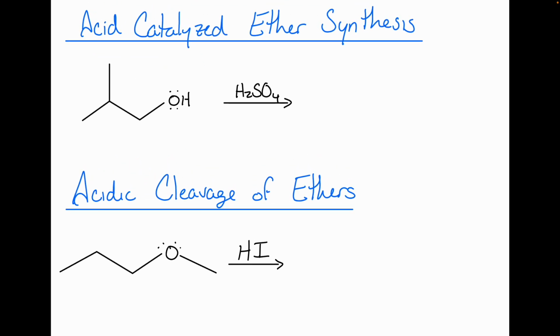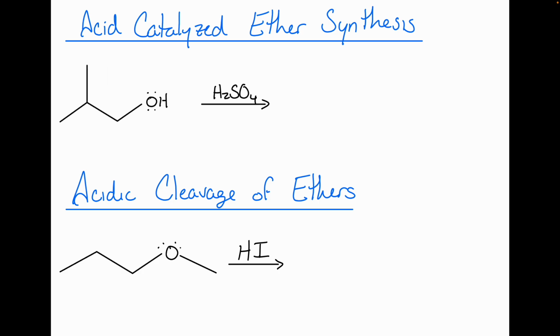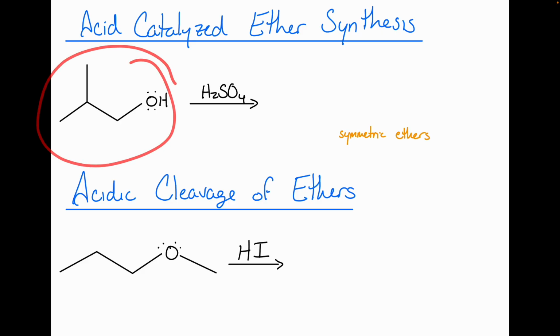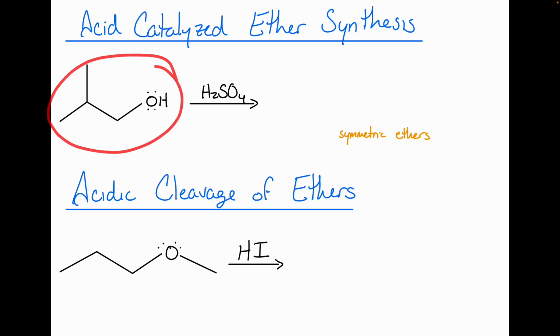For our acid catalyzed ether synthesis here, this was a way in which we could make symmetric ethers. We took our alcohol, and under these acidic conditions, one of them will get protonated and play the role of the electrophile in the reaction. The other one will remain neutral and play the role of the nucleophile.